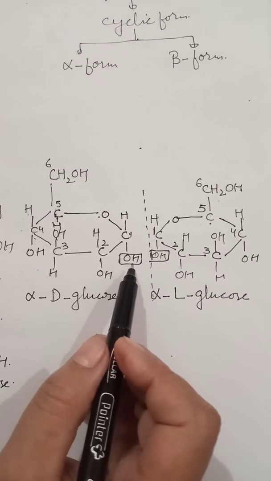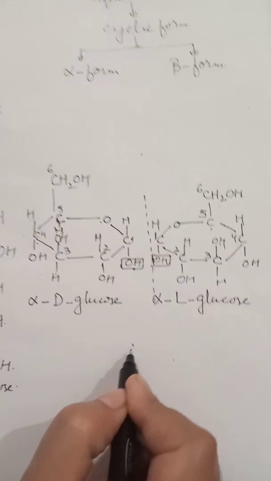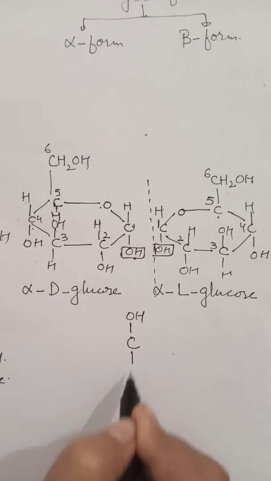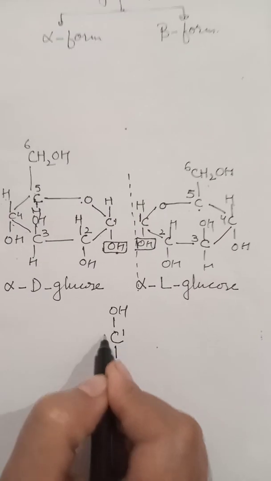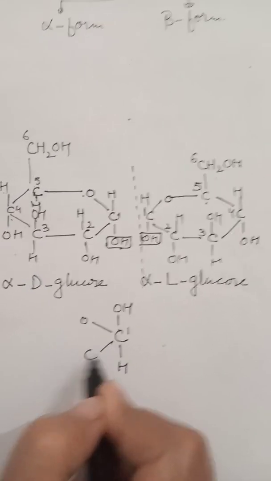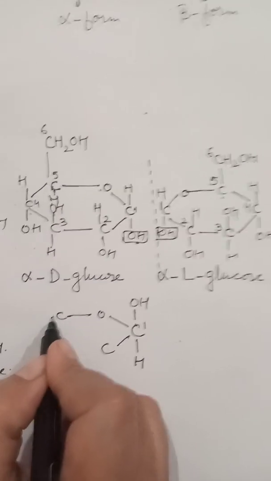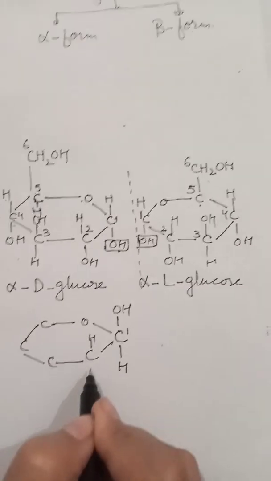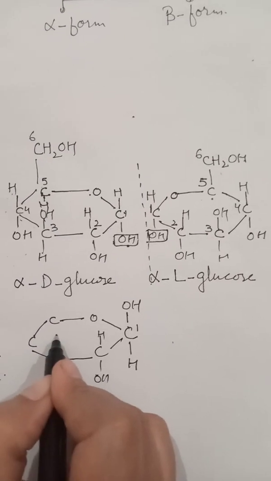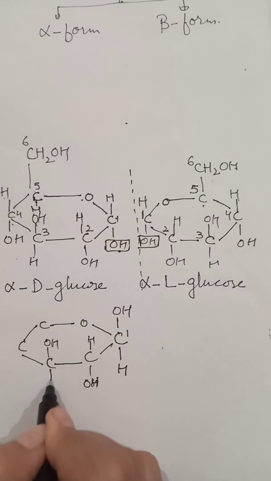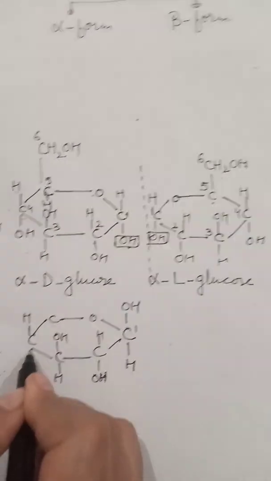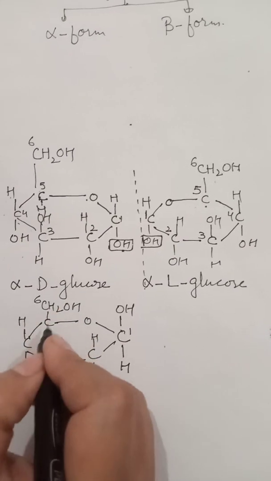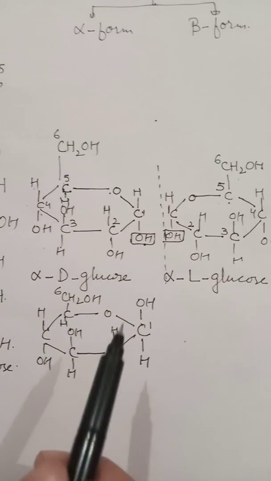While when it is in beta form, with carbon number 1 you write it in the upward position, and here it will be in downward position. Then the case will be different only with carbon number 1, not the rest of the structure, which will remain the same: hydrogen, hydroxyl group, again hydroxyl group, hydrogen, then hydrogen, hydroxyl group, and CH2OH, which is part of carbon number 6, and then here hydrogen will be there.